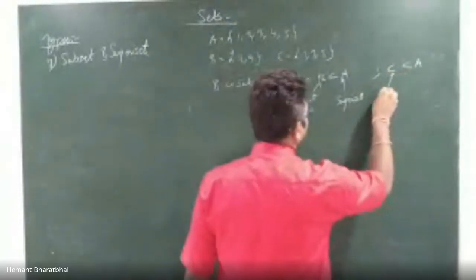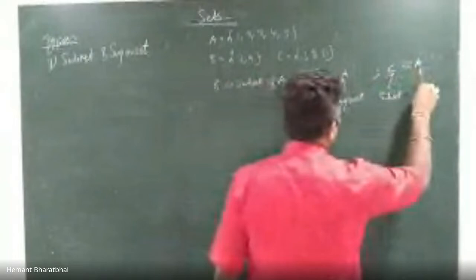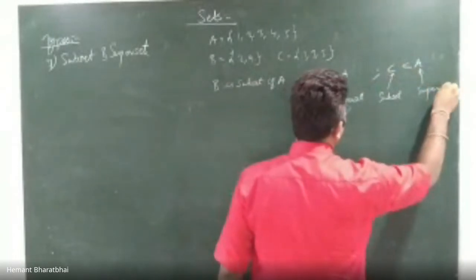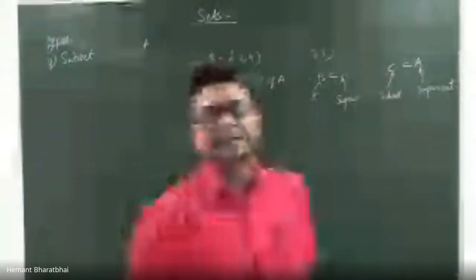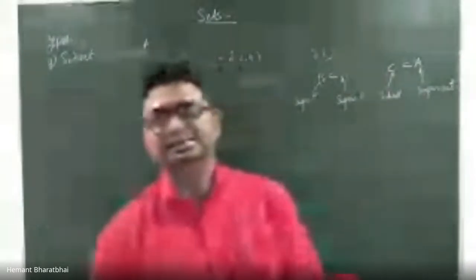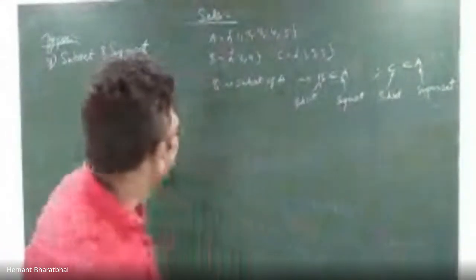Because A is containing all the elements as well as it is having some extra elements also. Therefore, A will be called as a superset, whereas B and C both will be called as the subset.